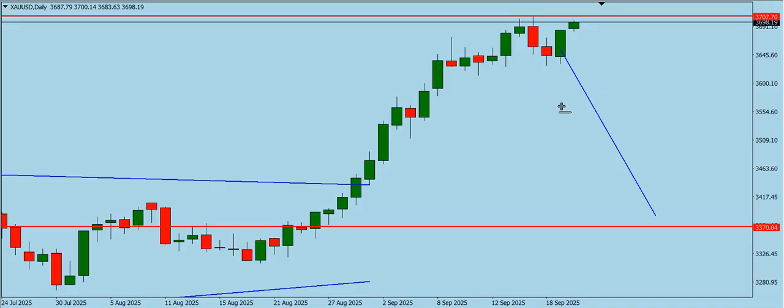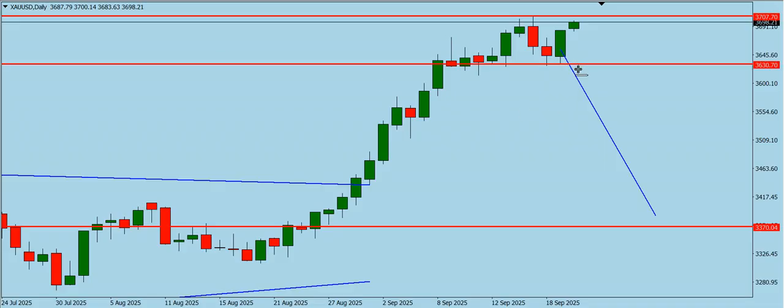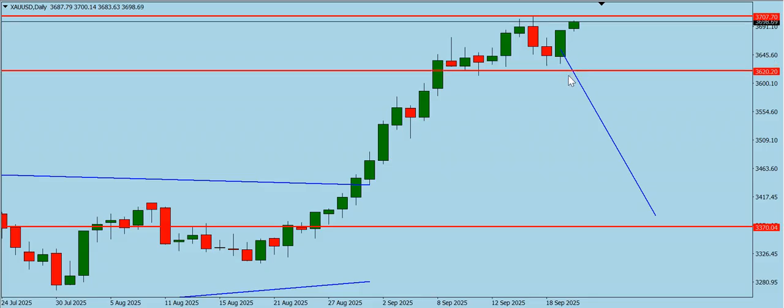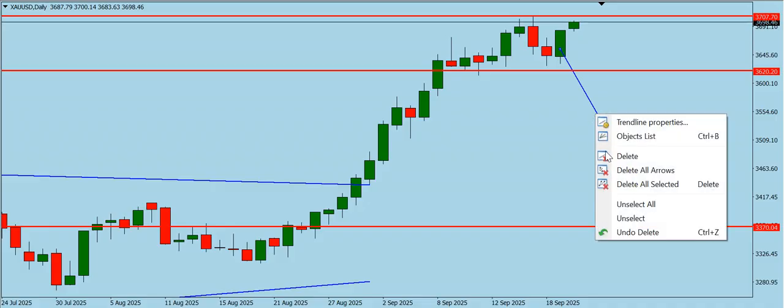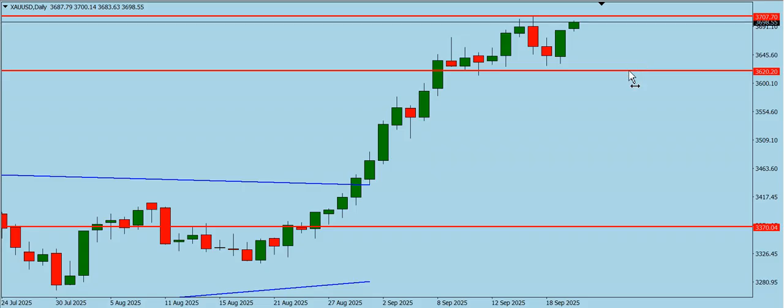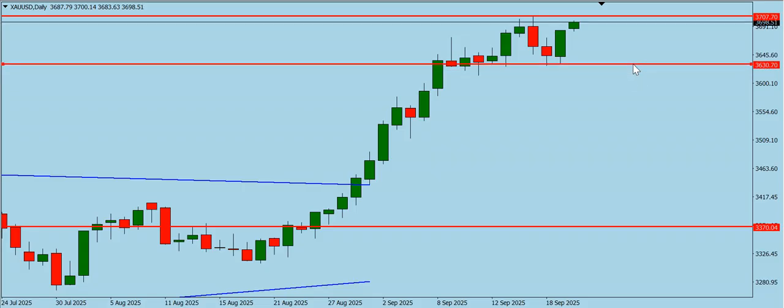But the lower part of the range is 3630. So if the range is set to continue, we might see price dropping to the lower part of the range to find support and then continue upwards. We might see something like this, and then price moving back up.